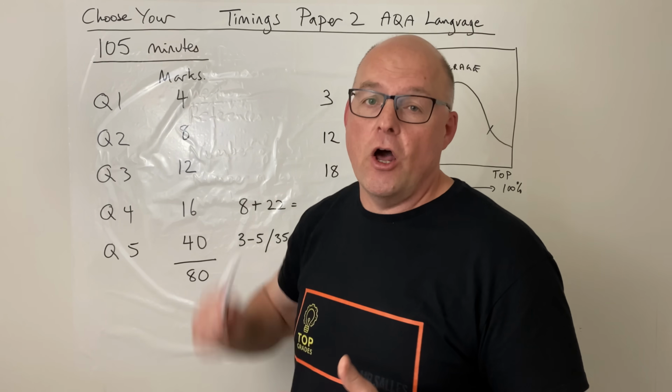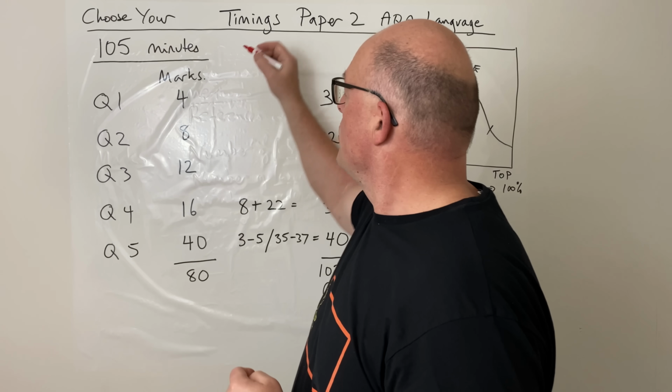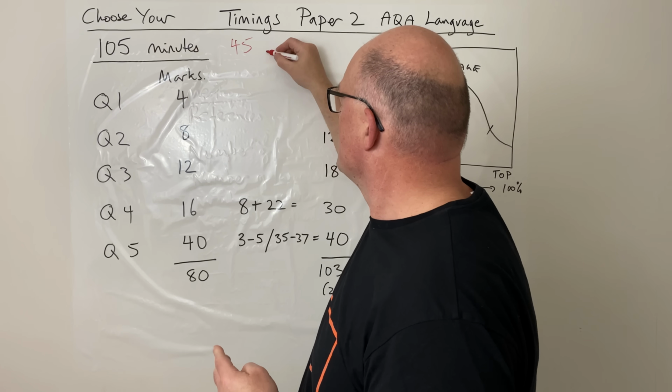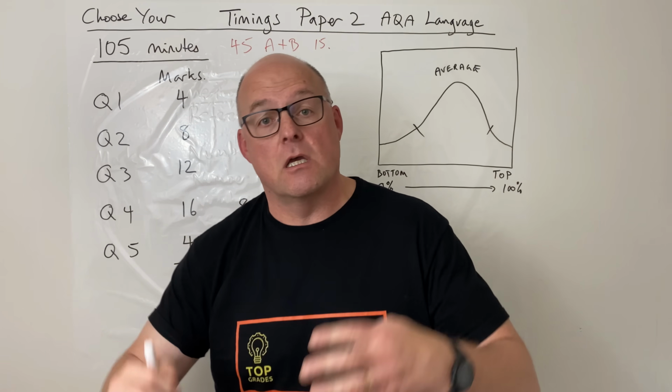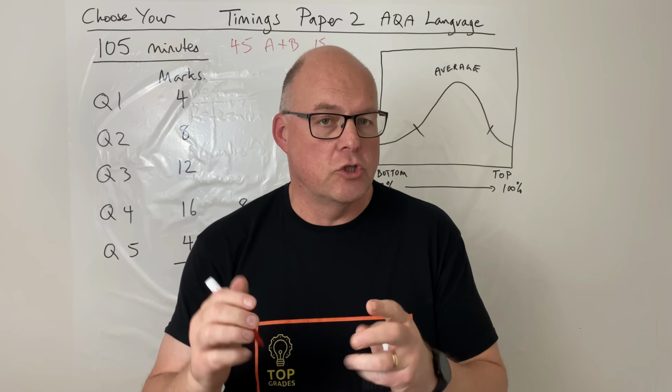Okay, you have 105 minutes for this exam, and the exam board say, well, we want you to spend 45 minutes on each section, so A and B, and then we want you to spend 15 minutes reading the texts. Now that's not good advice.